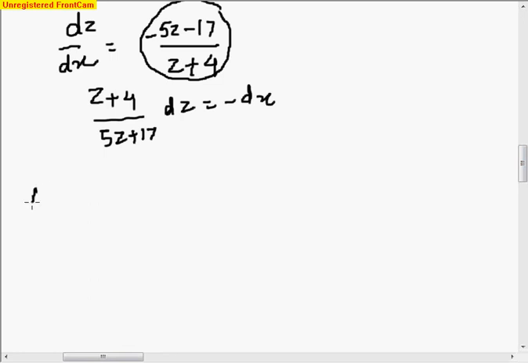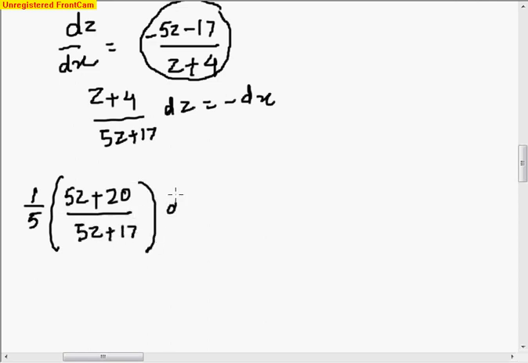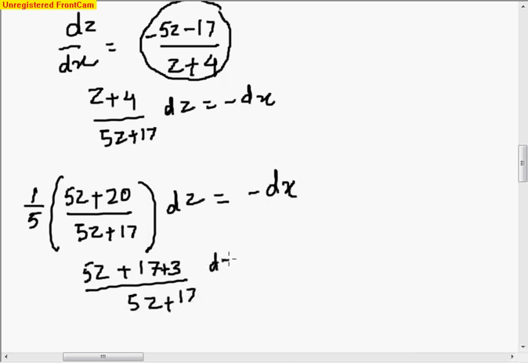So this is (1/5)(5z + 20)/(5z + 17) dz = -dx. What is this? This is 5z + 17 + 3. This is the usual way to do such type of questions. dz = -5 dx, right?